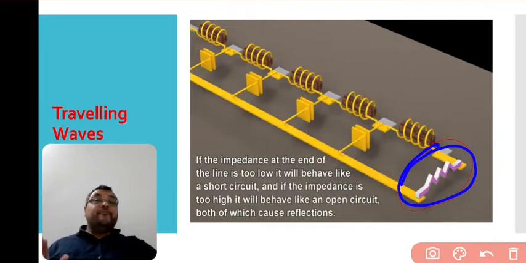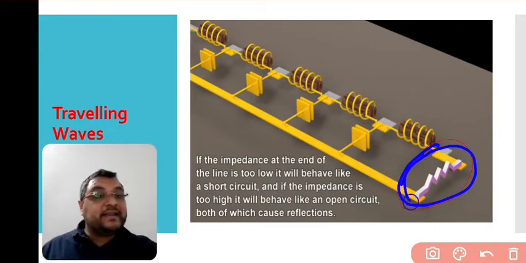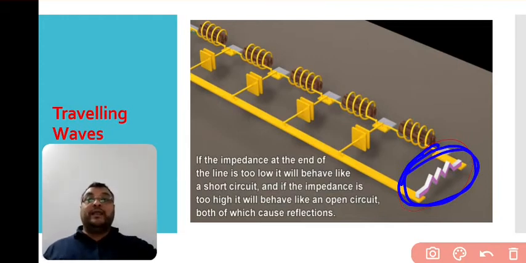But if we place just the right amount of impedance at the end of the line, for the amount of capacitance and inductance in each section of the line, then the amount of reflection can be minimized. Reducing this reflection is desirable for the proper and reliable operation of the circuit.